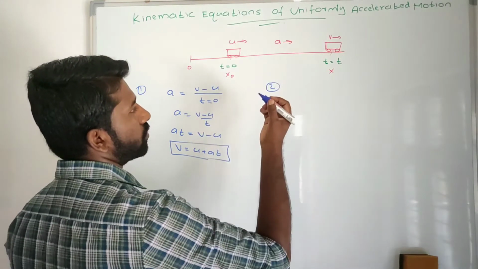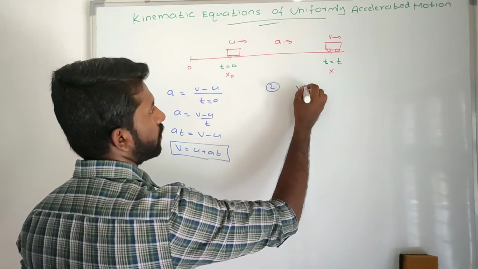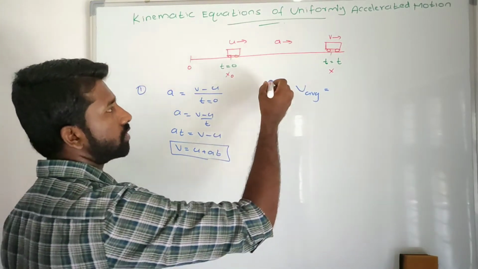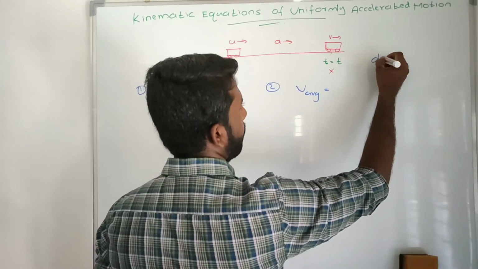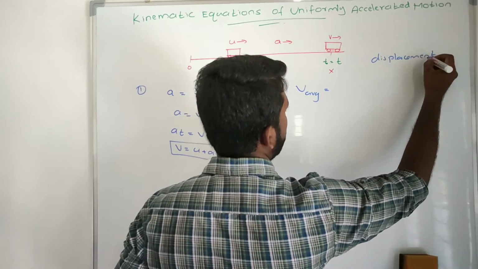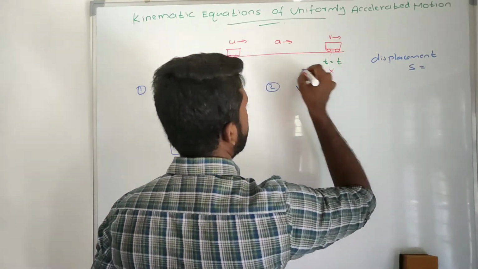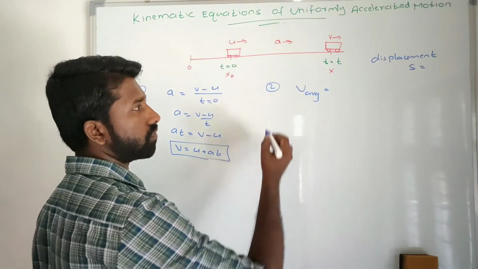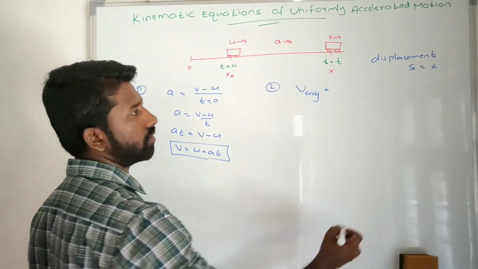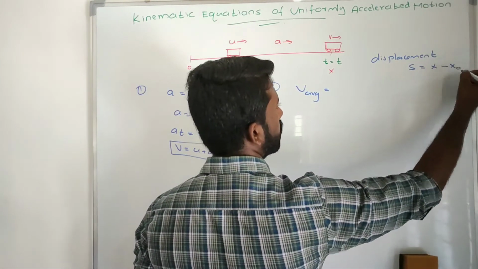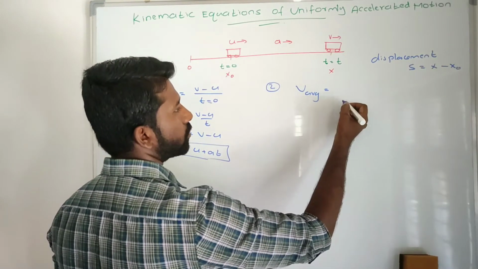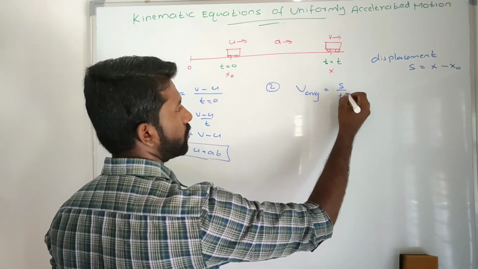So I am going to consider the formula for the average velocity. Here I am going to find the displacement. Displacement S is equal to final position minus initial position. The final position is x and the initial position is x0, so x minus x0 is the displacement. Average velocity is equal to displacement divided by time, that is S by t.